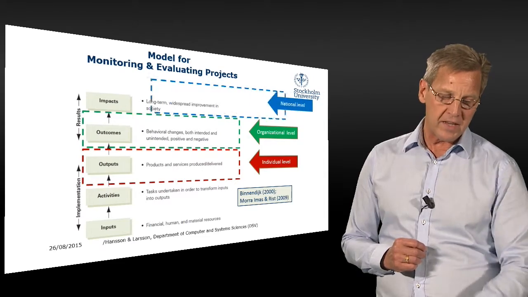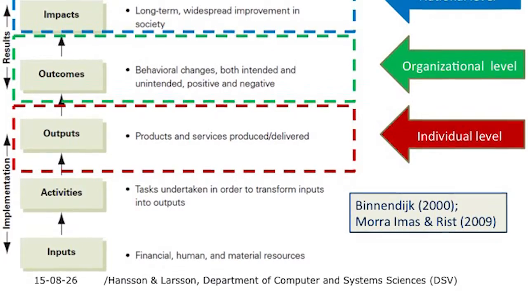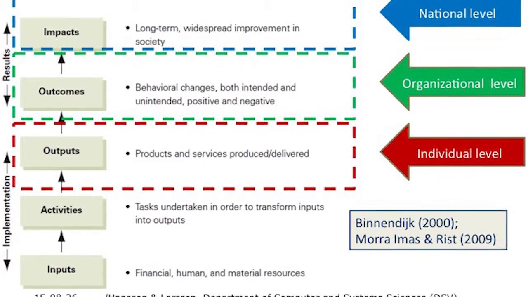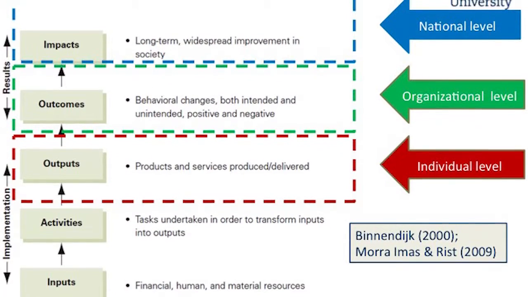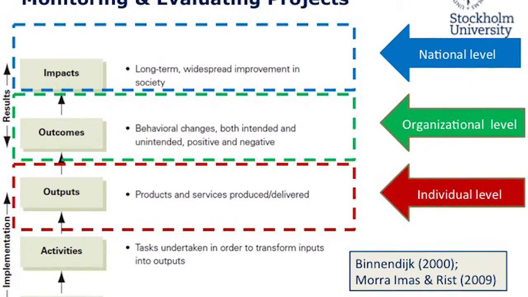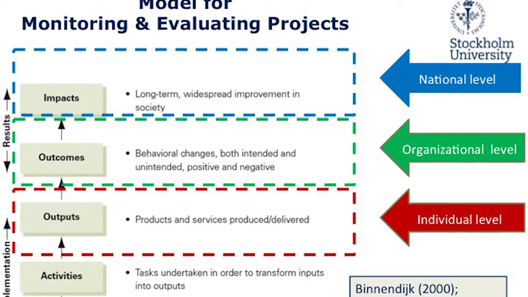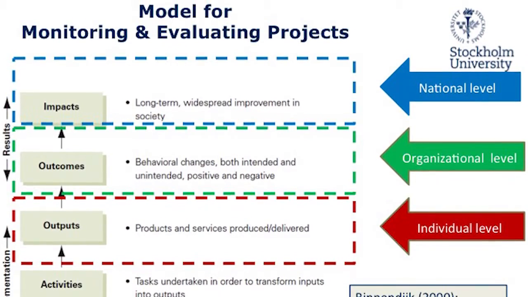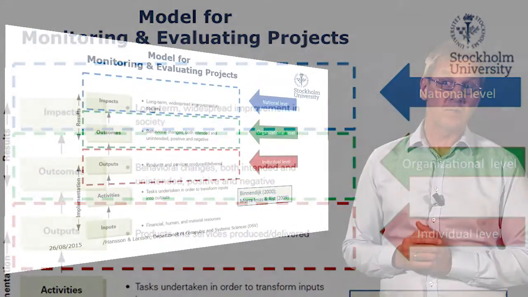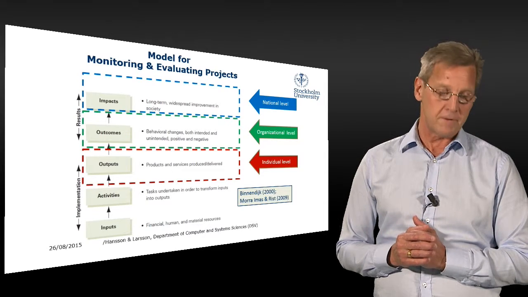In this program, we are defining indicators at 3 different levels, as I mentioned, and in a result-based chain, the first level of result is the outputs from, in this case, individuals like yourself who are taking part in the program, to the organization that make use of the change projects which you are going to do in the program, to the national level, where we hope that the improvements of some of the change projects will actually be seen at national level, at policy level or capacity building level, for example, for the nation.